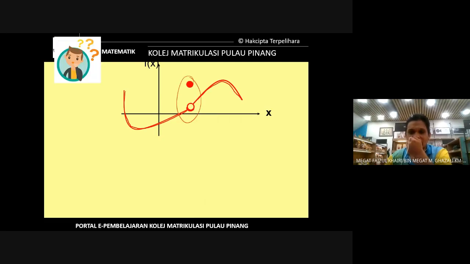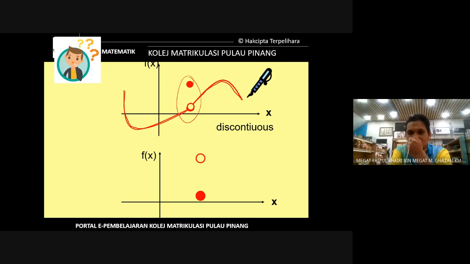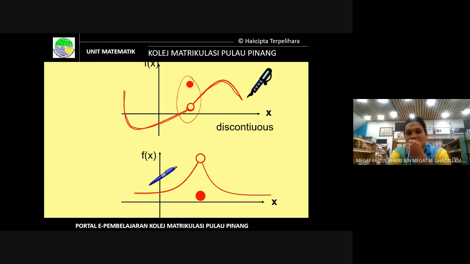So at this point, it is discontinuous. And of course, I believe all of you can guess this. This is also an example of discontinuous.